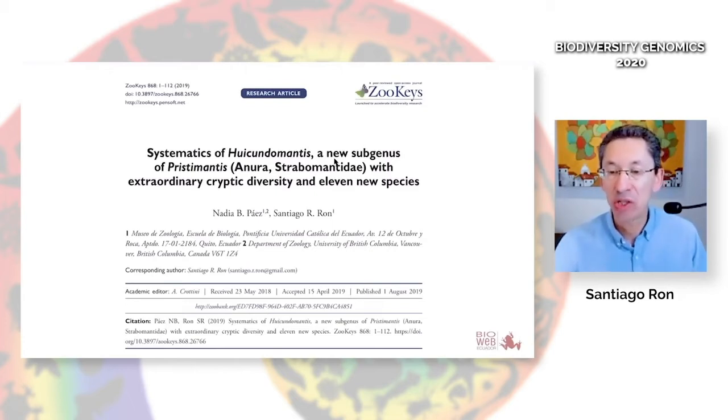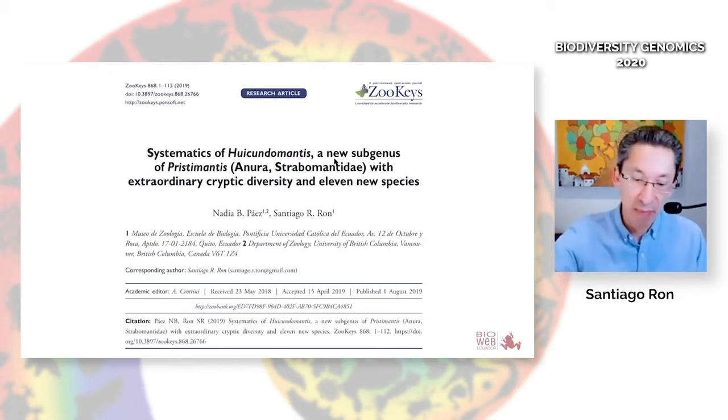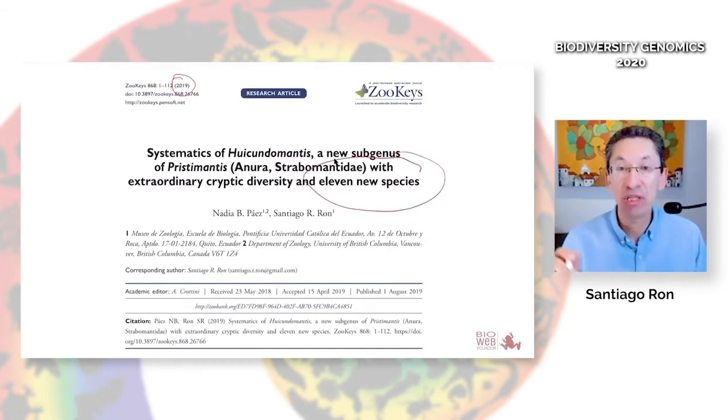As an example, I can show you this publication that just came out last year, in which we are describing 11 new species of frogs. Describing 11 new species of frogs in a single publication is something really unusual, considering that vertebrates in general have been the subject of taxonomic work for many decades.